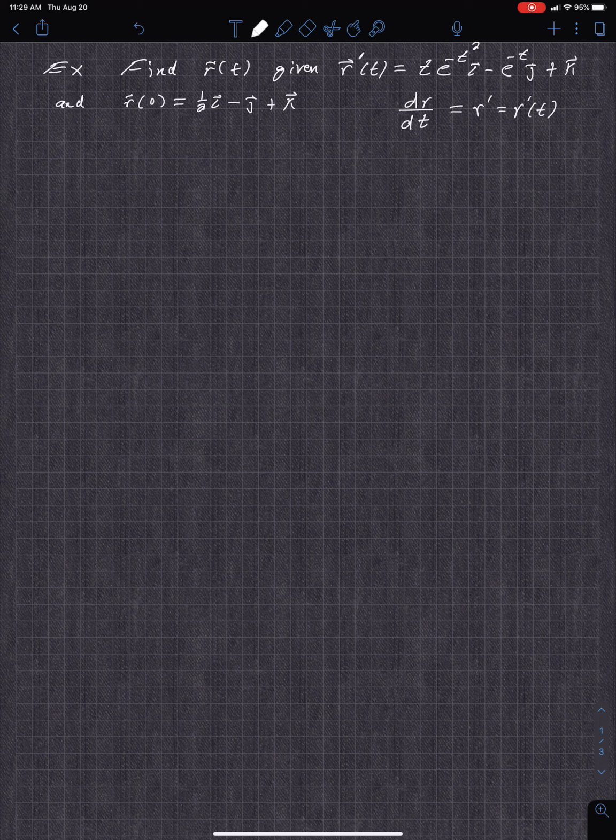So what we say then for this is r of t is equal to, and so you have to integrate. We've got to get warmed up on our integration skills again. The integral of r prime of t dt, so we're going to integrate all of that. It's the integral of t e to the negative t squared i minus e to the negative t j plus k dt.